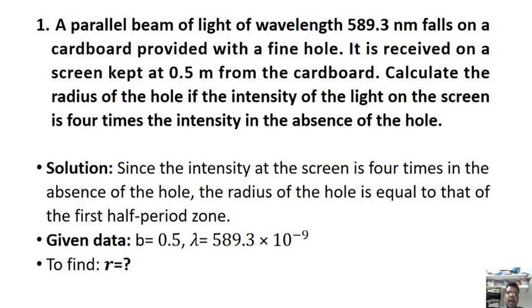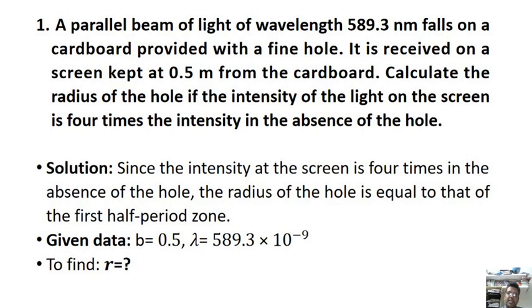It falls on a cardboard provided with a fine hole. It is received on a screen at a distance of 0.5 meter from the cardboard. Calculate the radius of the hole if the intensity of light on the screen is 4 times the intensity in the absence of the hole.